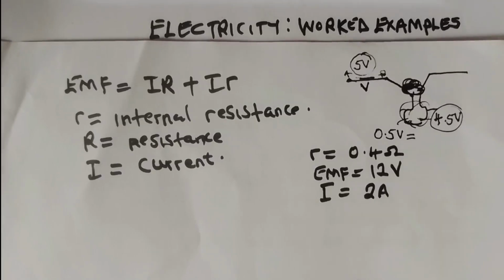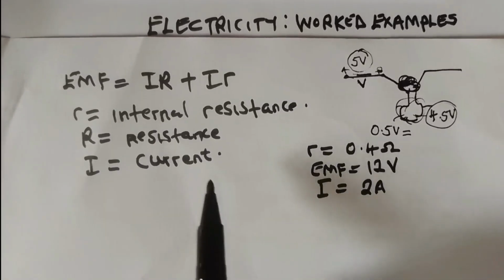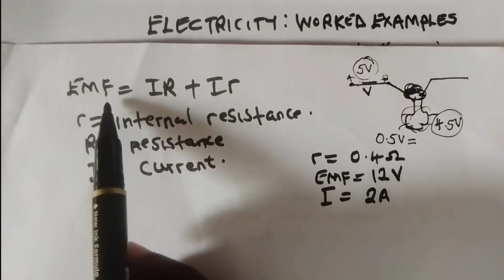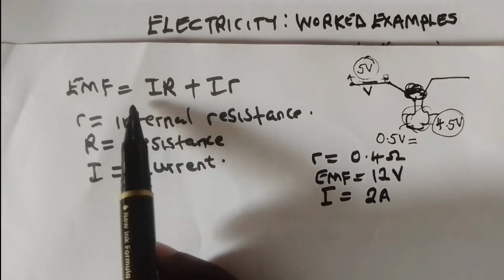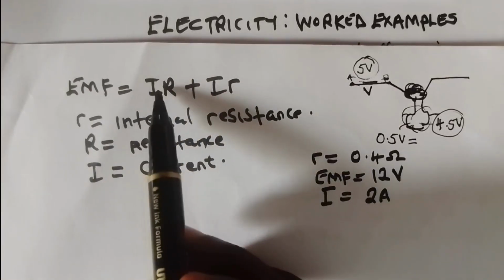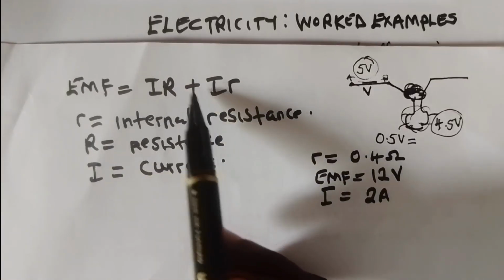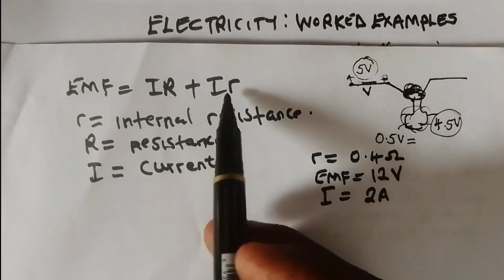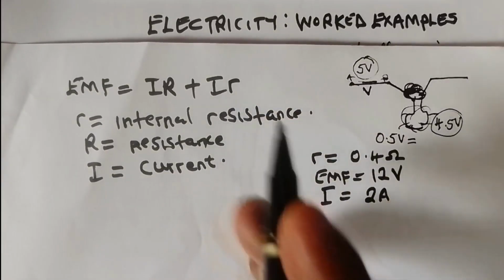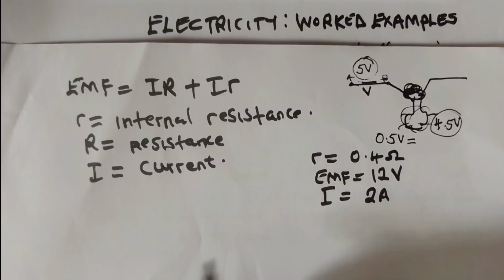From there, we can substitute into the formula. The formula says EMF, which is electromotive force, equals I times R plus I times r, the internal resistance.